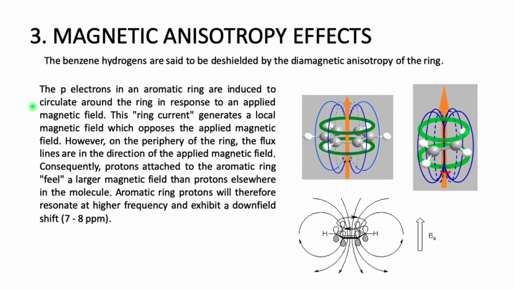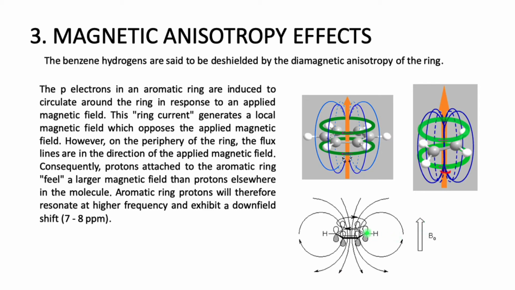When we take up the aromatic ring, the pi electrons in the ring are induced to circulate around the ring in response to the applied magnetic field. This is the circulation of pi electrons, and because of it, a local magnetic field is generated in this particular direction, and this local magnetic field opposes the external magnetic field, which is B naught.